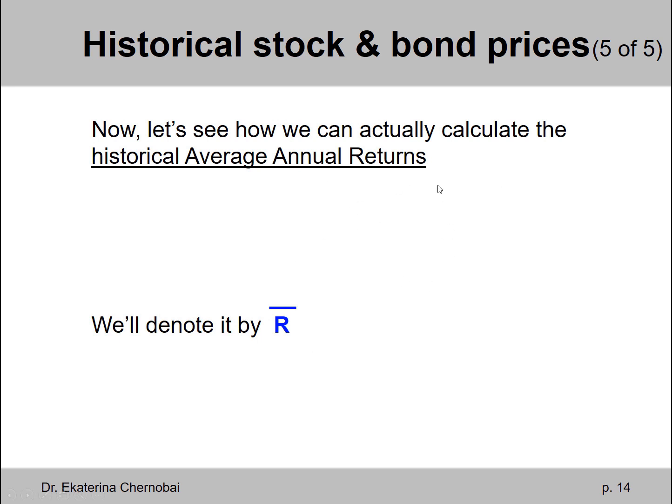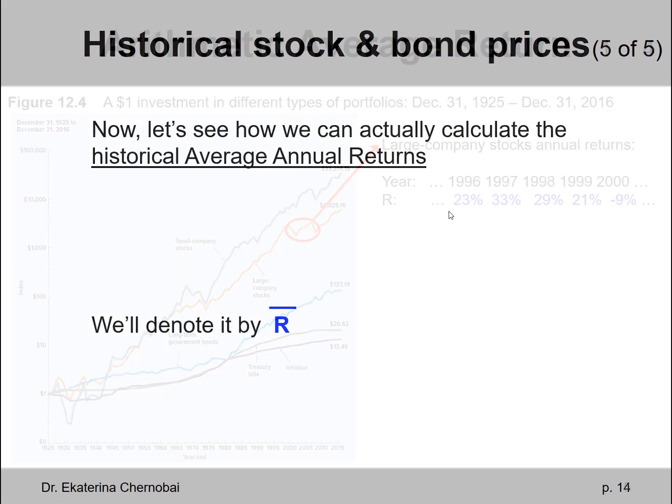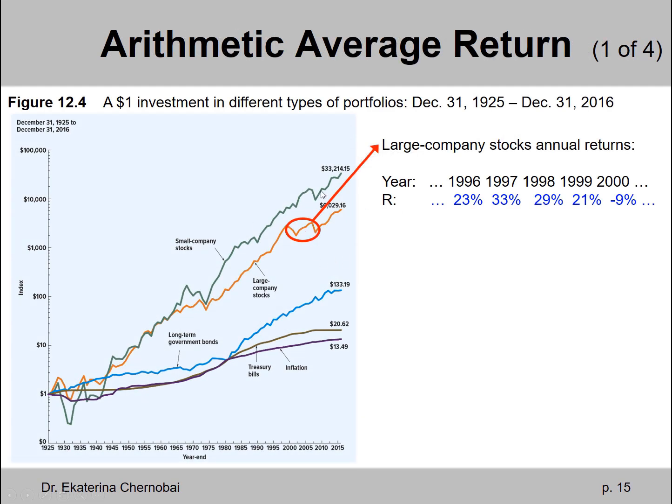So now let's see how we would calculate the historical average annual return. Let's denote the return with capital R, and to indicate that it's the average return, let's put a bar above it. So R bar is the average annual return. What do we mean by return? This graph technically doesn't show returns in percentages. It shows dollars, right?